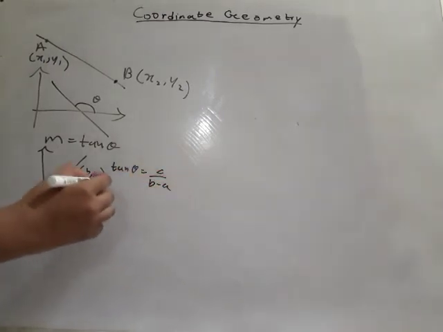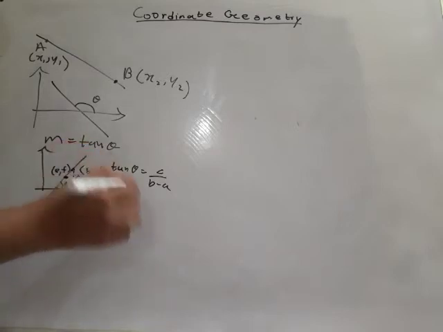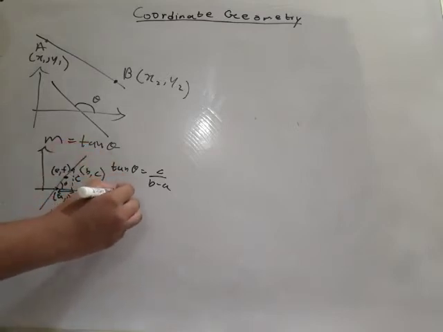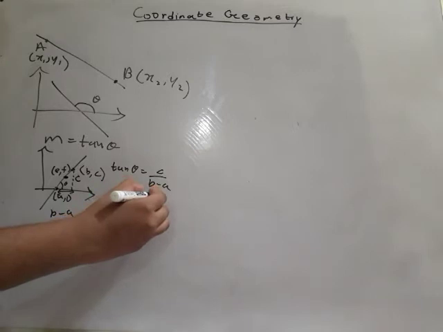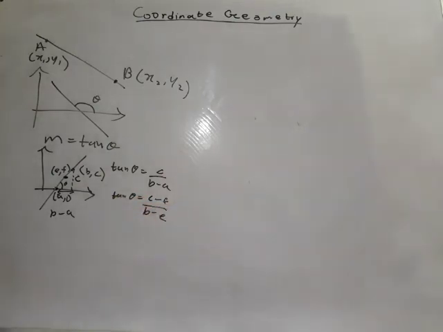Now let us take another arbitrary point on this line. Let it be e comma f. So tan theta will come to be c minus f by b minus e.